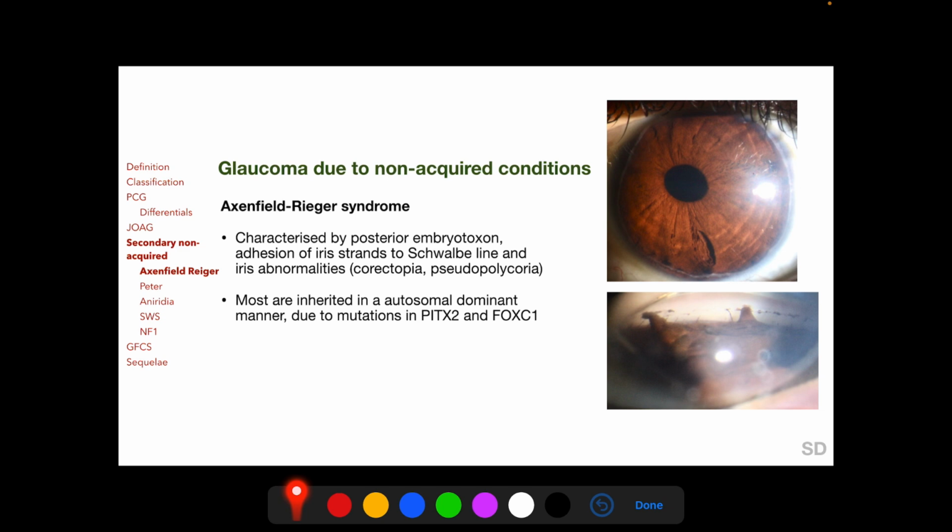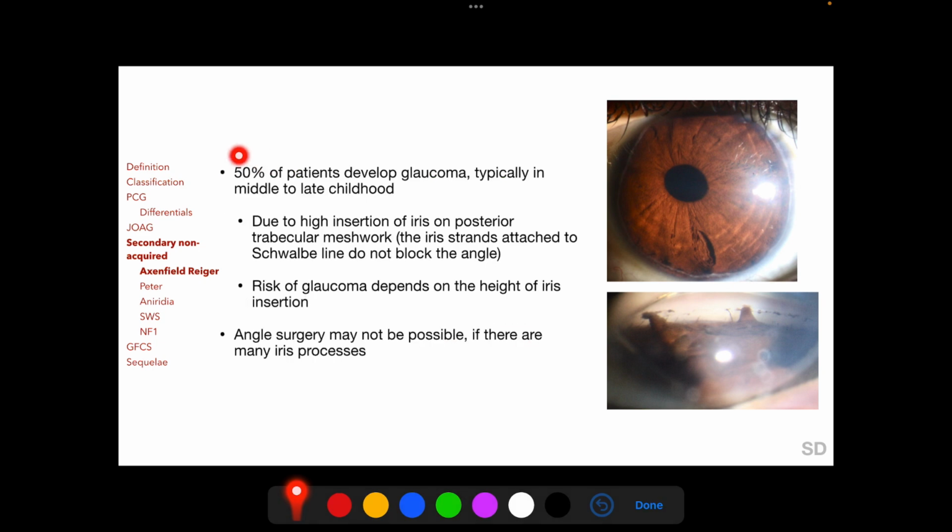Most cases are inherited in an autosomal dominant manner due to mutation in PITX2 and FOXC1 genes. 50% of patients with Axenfeld-Rieger syndrome develop glaucoma, typically in middle to late childhood, and this is due to high insertion of the iris on posterior trabecular meshwork. The risk of glaucoma depends on the height of the iris insertion, but angle surgery may not be possible if there are many iris strands.